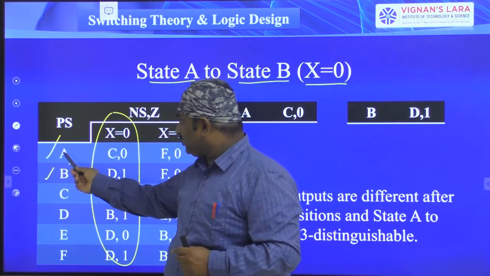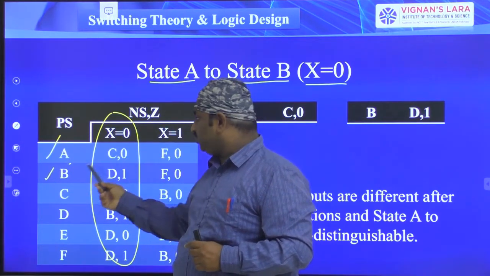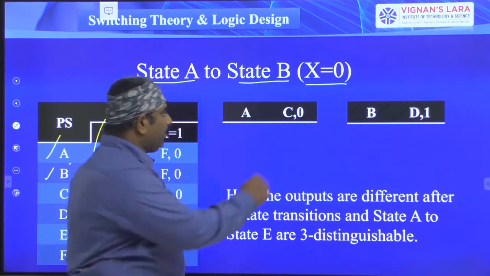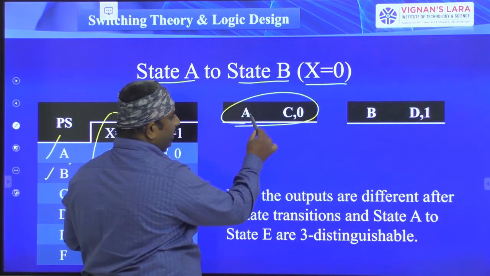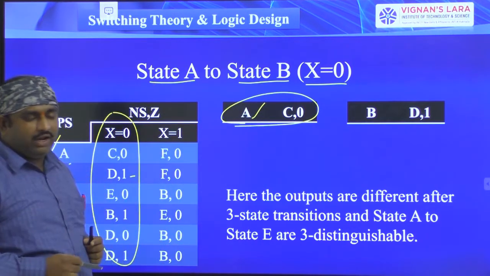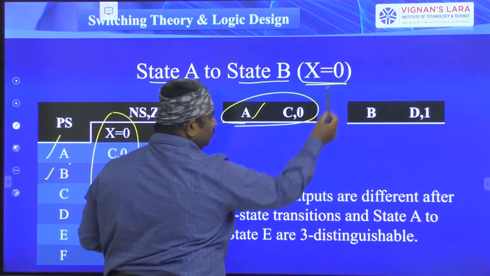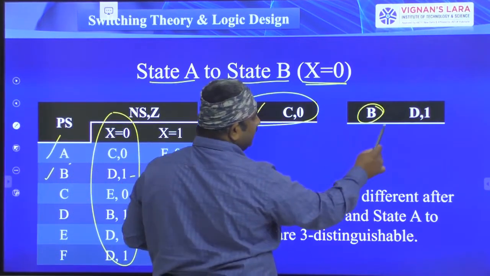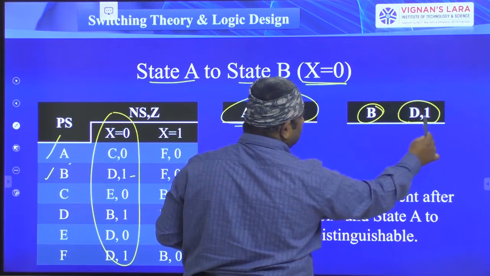For state A, the next state is C comma 0 and for state B, the next state is D comma 1. So I have written the same thing here. When state A is the present state and input x is equal to 0, then the next state is C comma 0. And for the B state, the next state is D and output is 1.